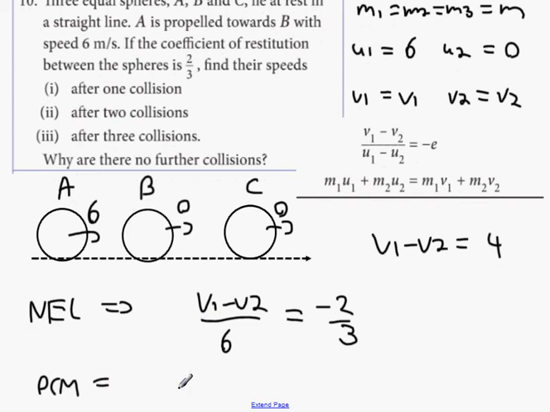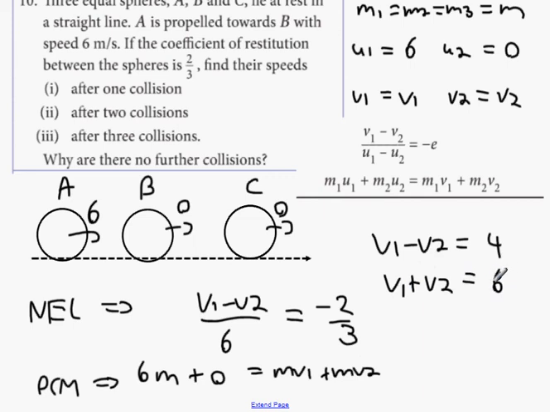So PCM is going to be m times u1, so 6m plus 0, because it's not moving, equals mv1 plus mv2. v1 plus v2 ends up to be equal to 6. You happy enough with that? Okay. Sorry? Is it minus 4?